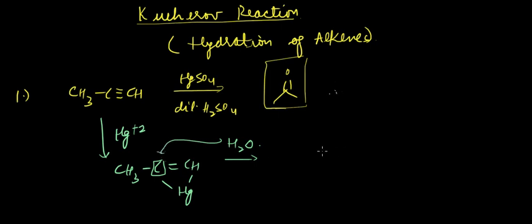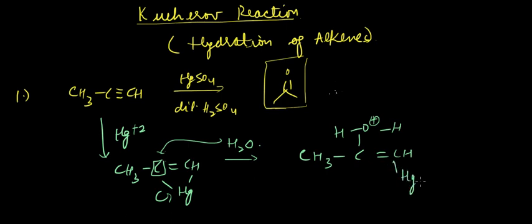So the water molecule will attack here, and simultaneously the Hg and this carbon bond would be breaking up. This was in +2 state, now it is in plus state because of one bond electron from the carbon atom.